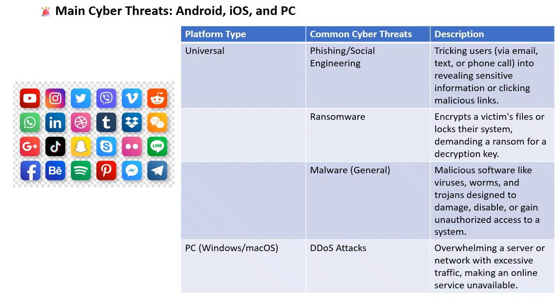Phishing is tricking users via email, text, or phone call into revealing sensitive information or clicking malicious links. Malware is malicious software like viruses, worms, and Trojans designed to damage, disable, or gain unauthorized access to a system. This applies to PCs with Windows or macOS, and iPhone or iOS devices. DDoS attacks are also a major threat. It's a huge threat, overwhelming a server or network with excessive traffic, making an online service unavailable.